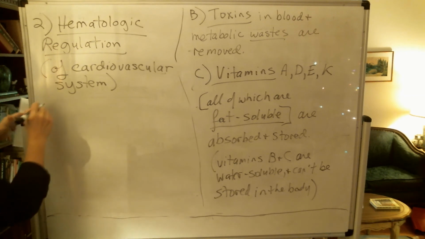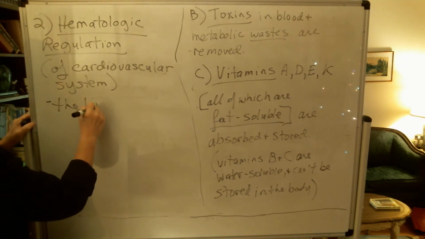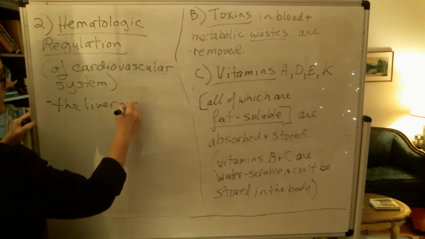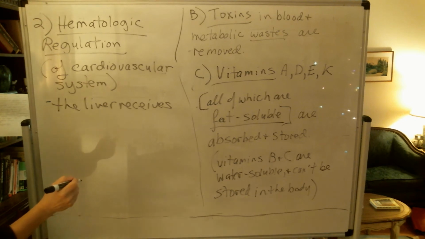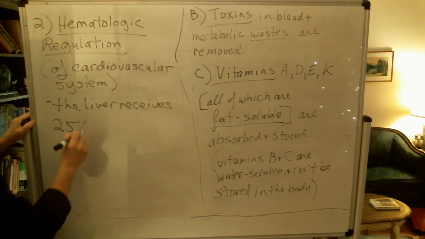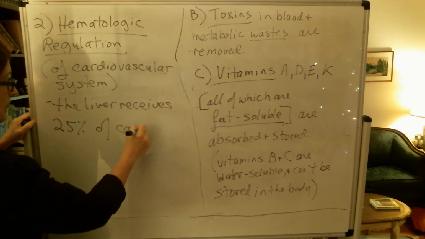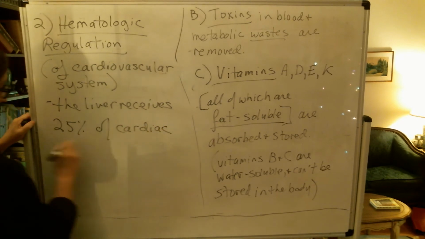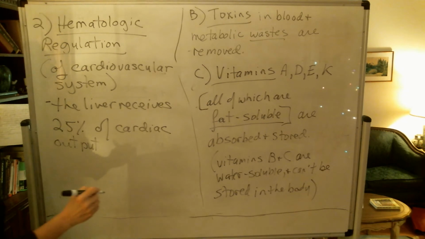So what happens here is that the liver receives 25% of your cardiac output.